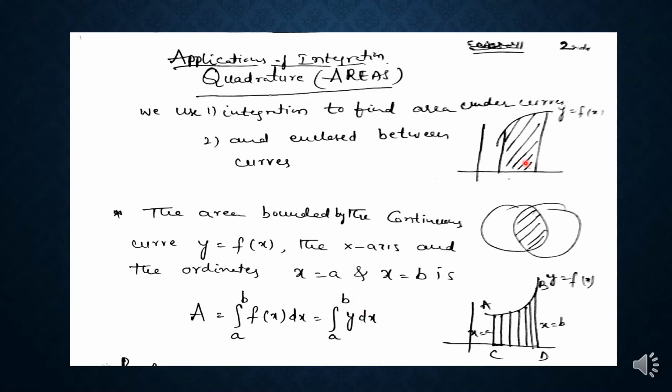The area bounded by the continuous curve y = f(x), the x-axis, and the ordinates x = a and x = b is the integral from a to b of y dx. So by using this formula we can find the area bounded by this curve and the x-axis.